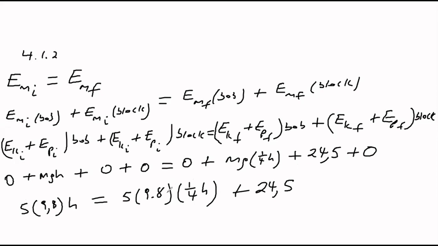You can take this to the left. Then we get 5 times 9.8 times h, which is 49h, minus 5 times 9.8 times 0.25, which is 12.25h, equal to 24.5.